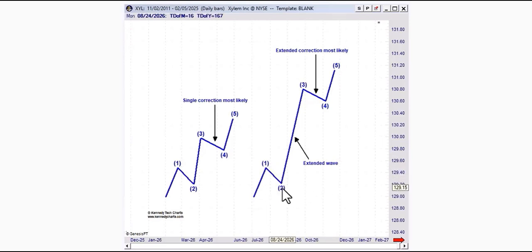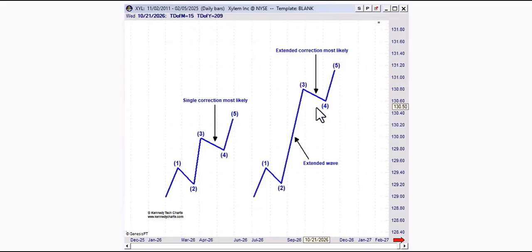But on the other hand, over here in the example on the right, if you have wave 1 up, wave 2 down, and then this third wave is, say, a 2.0 or a 2.618 multiple of the corresponding wave 1, then that's truly going to be the extended wave. In which case, I would most likely look for that extended wave to be followed by an extended correction.